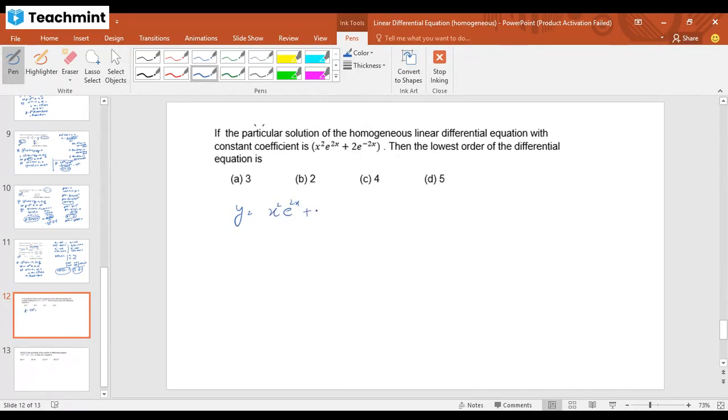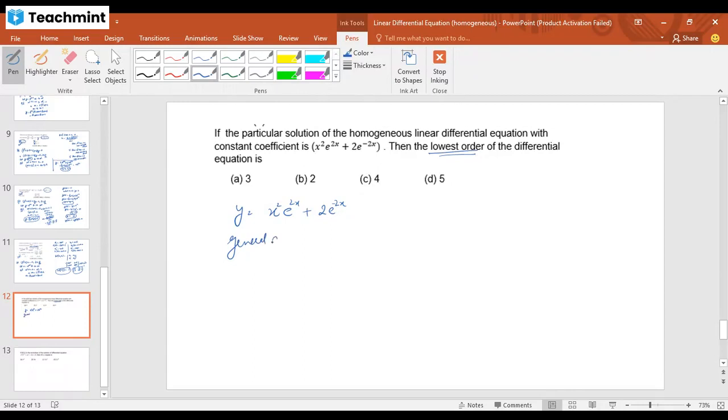A particular solution is basically obtained from the general solution by assigning some initial or boundary condition, right? So in this case, it may be possible that some of the arbitrary constants will be 0. So we are interested in finding the lowest order of the differential equation for which this function is a solution. So let us firstly try to identify the general solution.